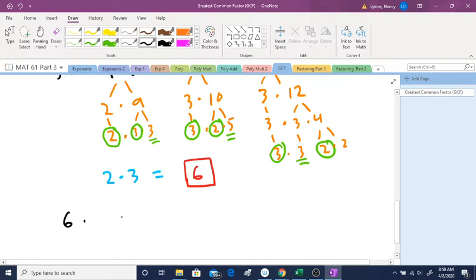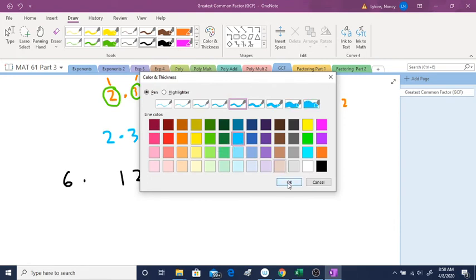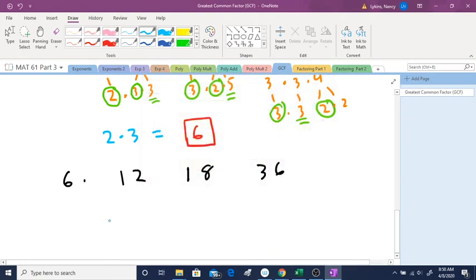So next, let's try one more of these. Let's try 12, 18, and 36. So I want you all to think about this too, because when you factor these out, it doesn't matter which ones you use.